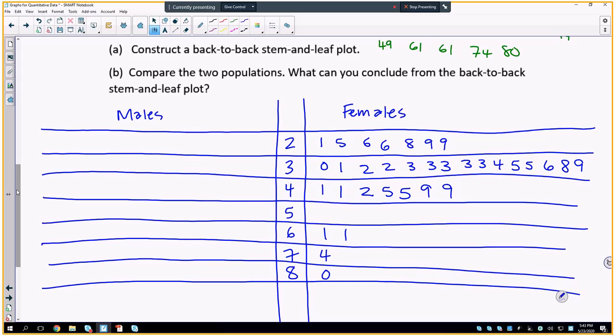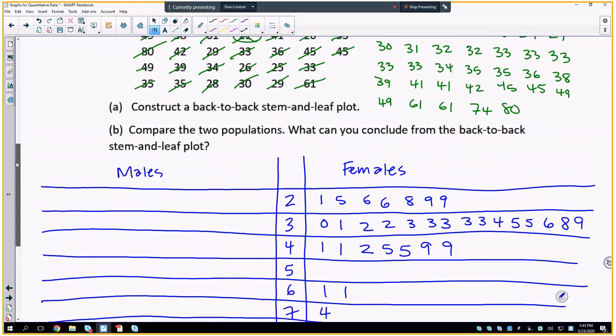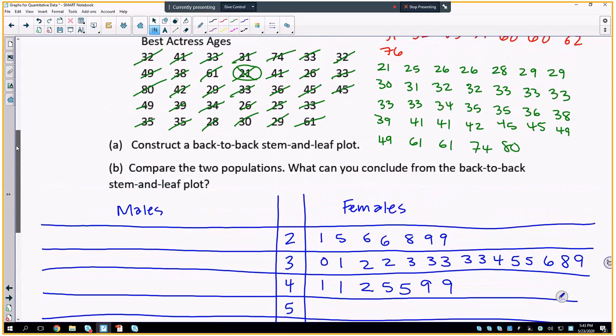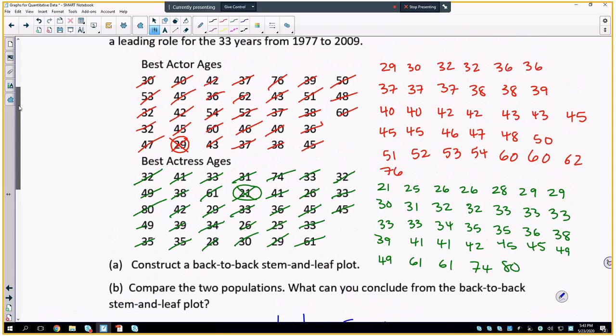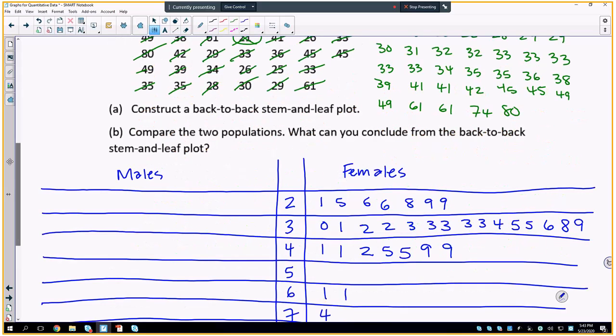And then for the data for the males, the only twist is that we're going to start from the inside and work out. So 29, our 9 will go here.